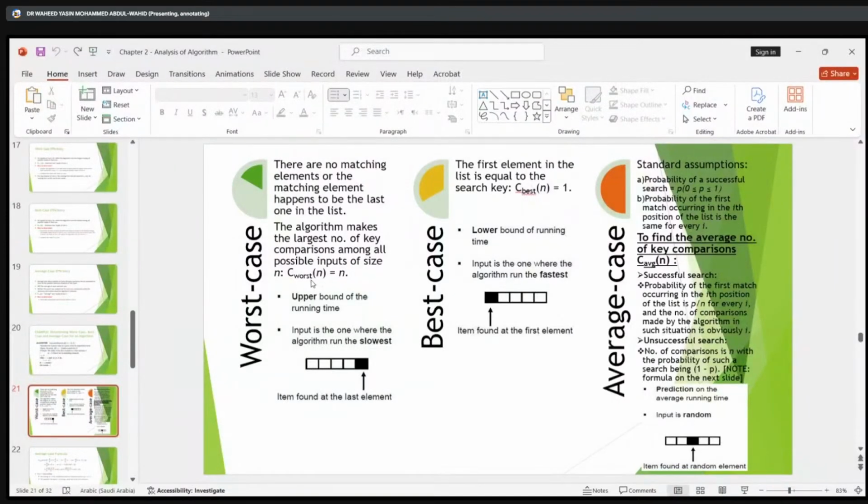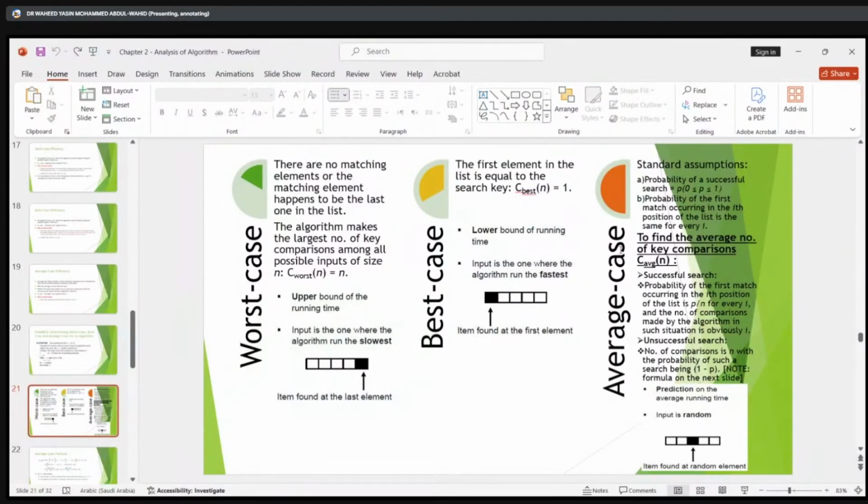This is C(n) equal to n, the upper bound of the running time; it is the input where the algorithm runs the slowest. Best case: the first element in the list equals the search key, so C(n) equals 1. This is the lower bound of the running time; it is the input where the algorithm runs the fastest.